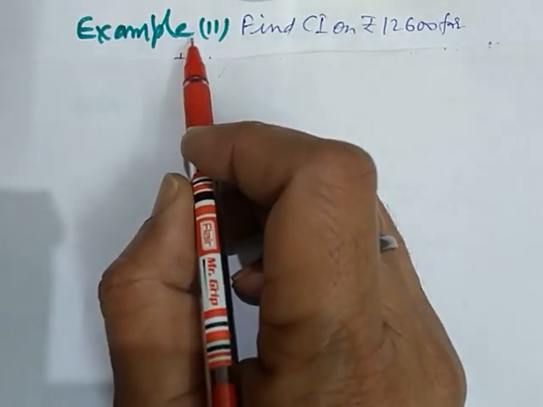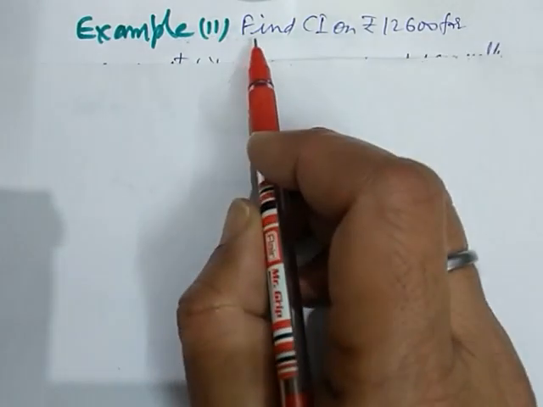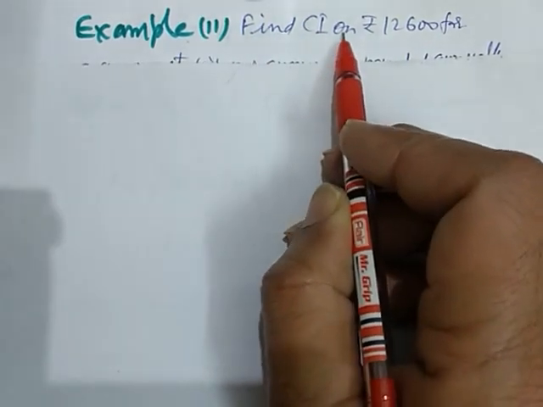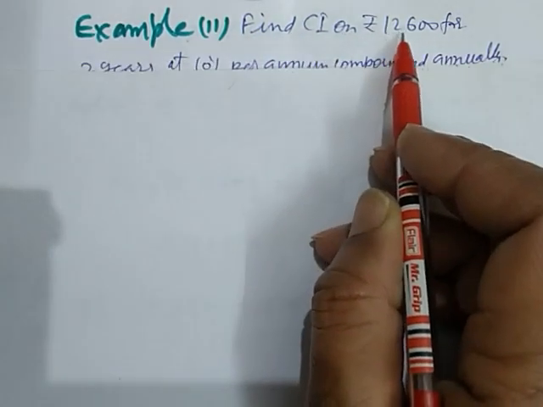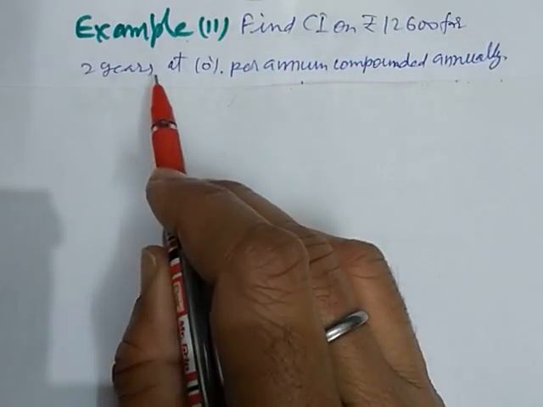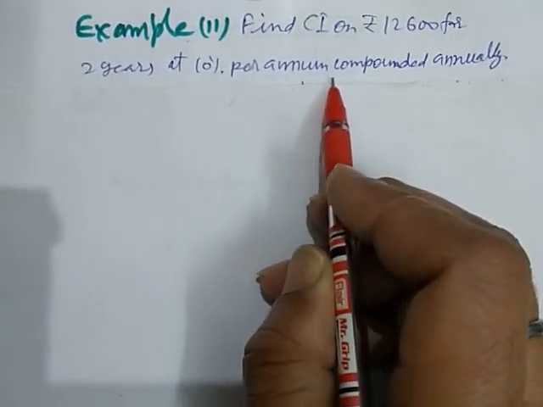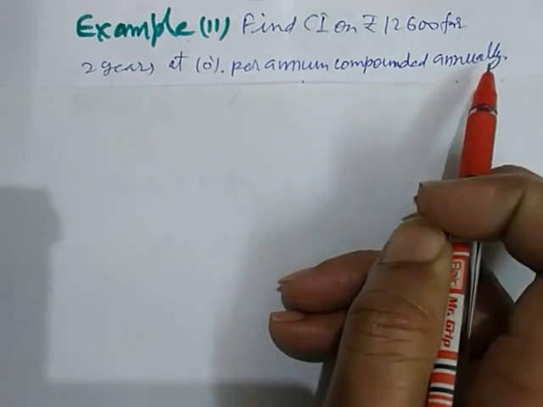Now we take the next example. Find compound interest on rupees 12,600 for 2 years at 10% per annum compounded annually.